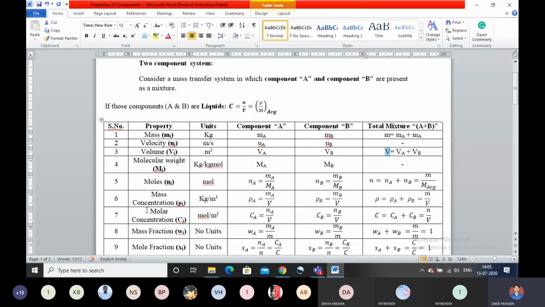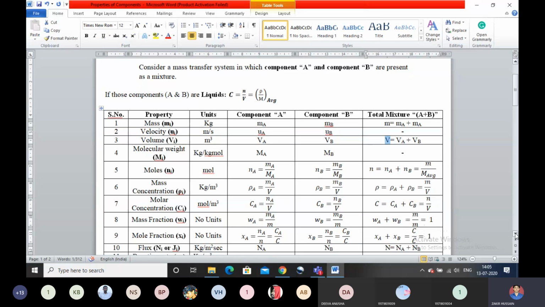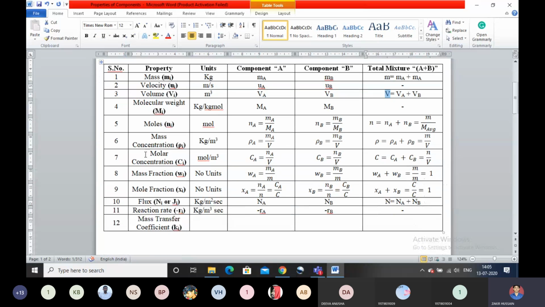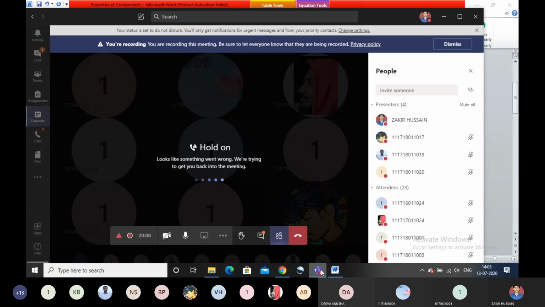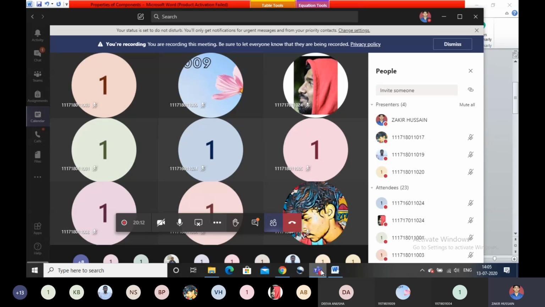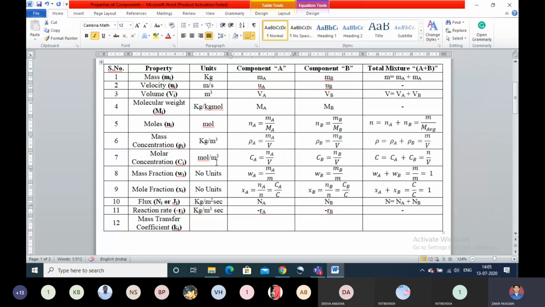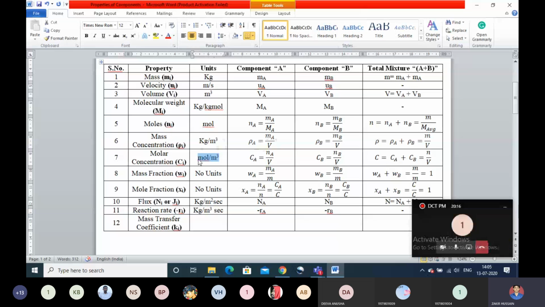Okay, then next property of a system is molar concentration. This we also already defined. What is the molar concentration? Molar concentration has units of mole per meter cube.